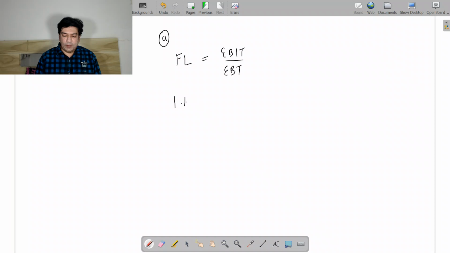Now what does this formula mean? That 1% change in EBIT will bring certain percentage change in EBT. This is the meaning of the formula. Now, before the meaning, let us find financial leverage only.